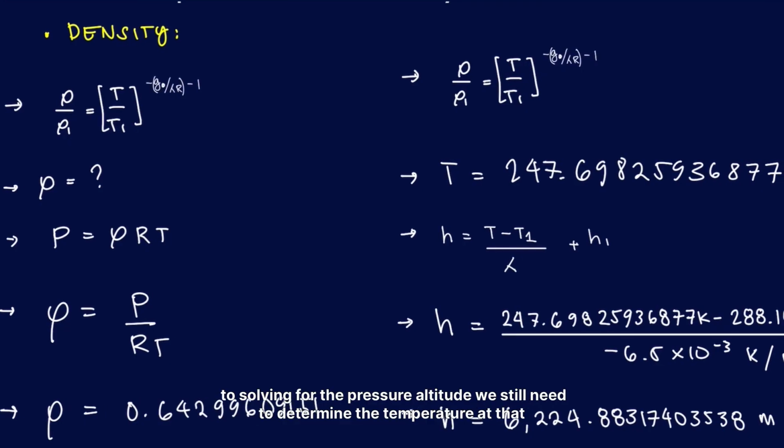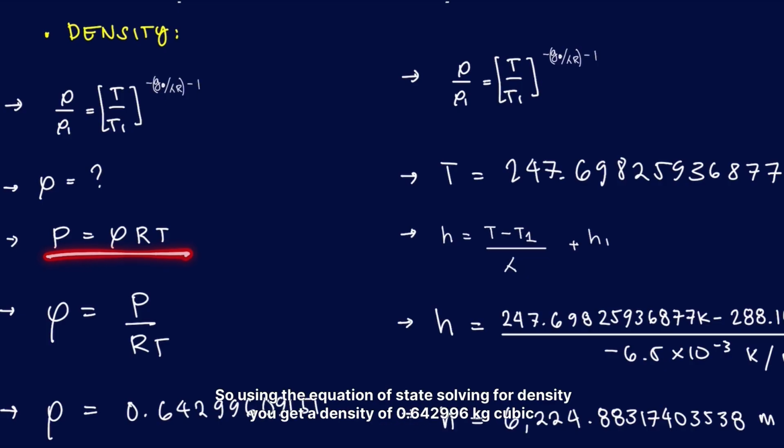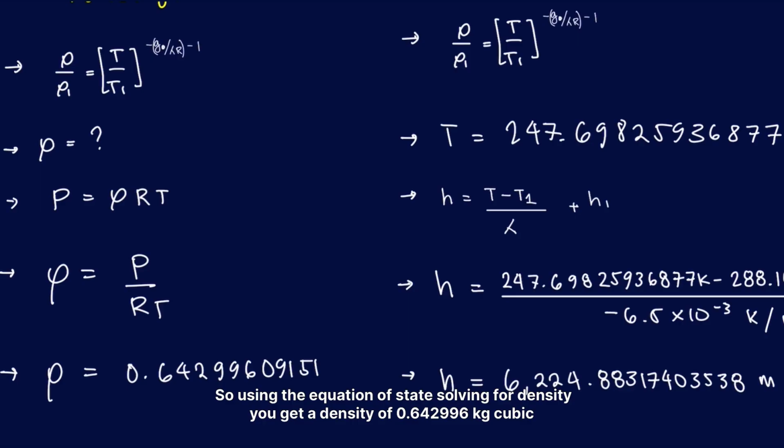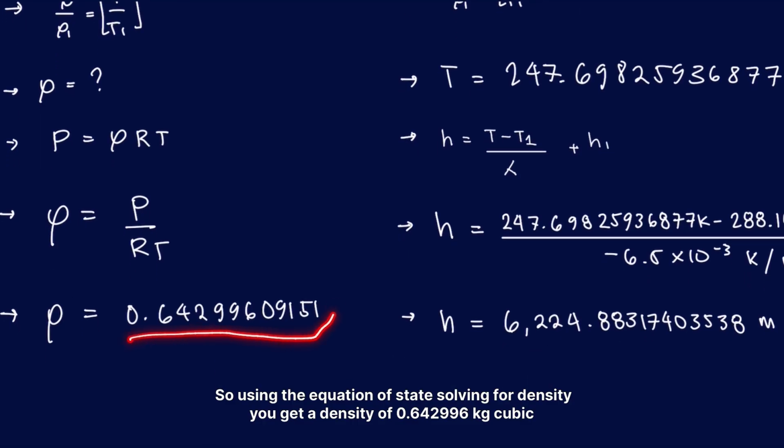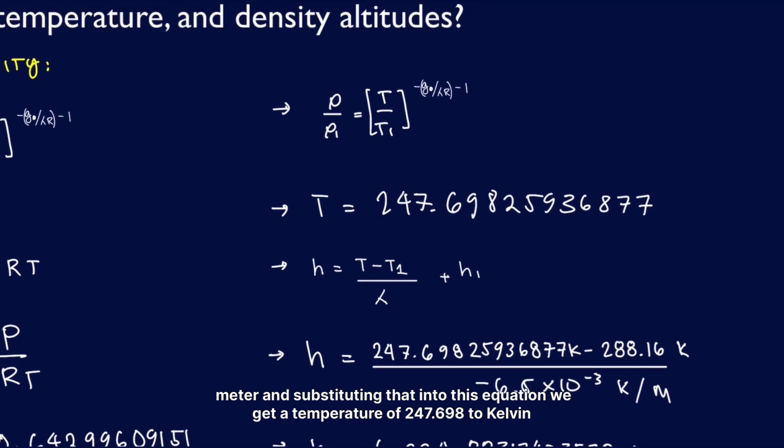We still need to determine the temperature at that altitude and then solve for the height using that temperature. But again, we do not know the value of density at that altitude. So using the equation of state, solving for density, you get a density of 0.642996 kilograms per cubic meter.